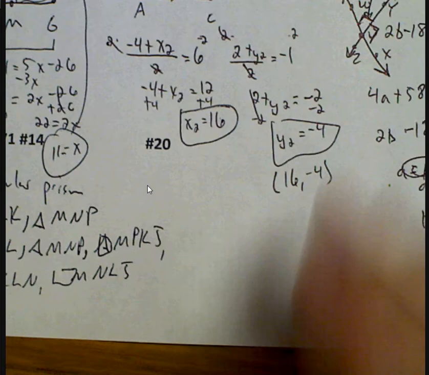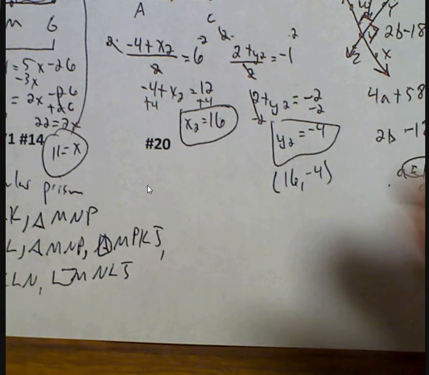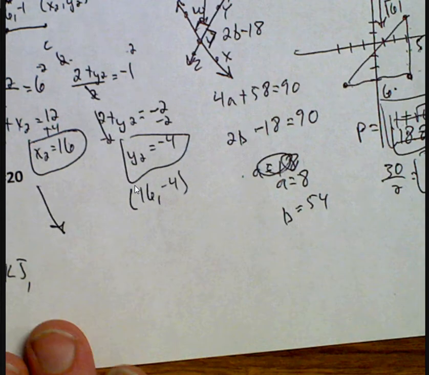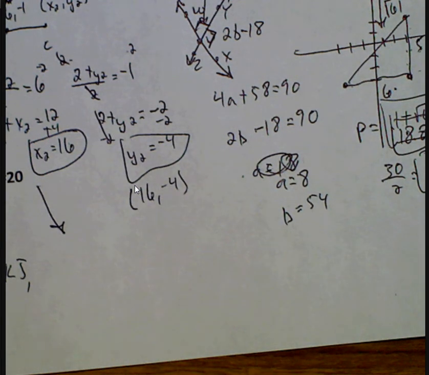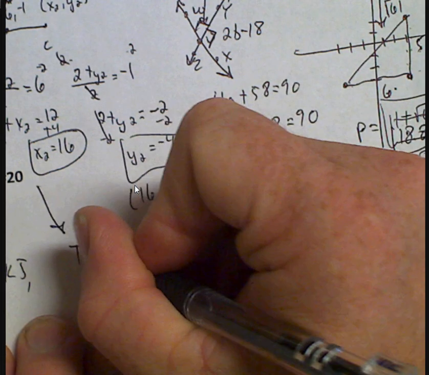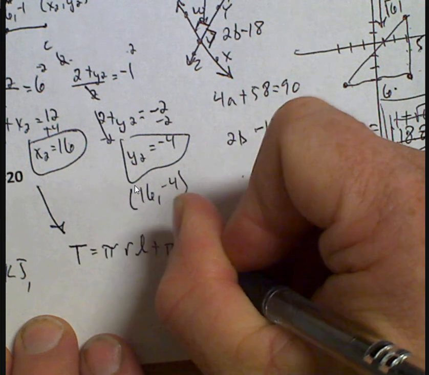Number 20. Find the surface area and the volume of each solid. So here we go. So this is a cone. So my surface area is pi r l plus pi r squared.